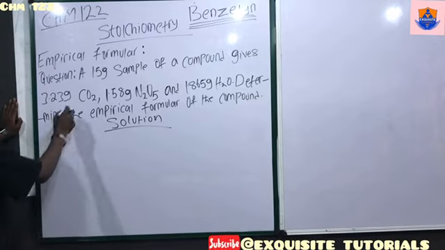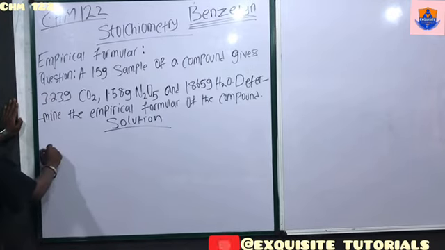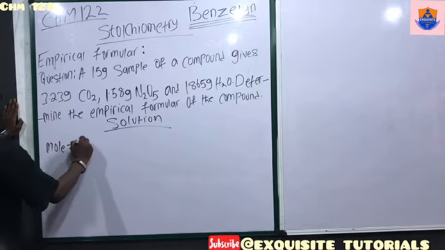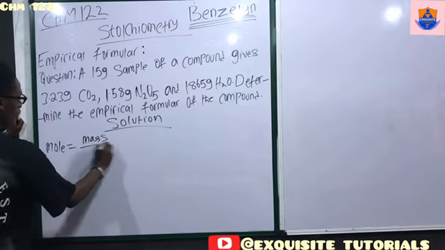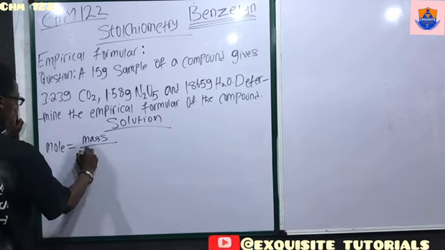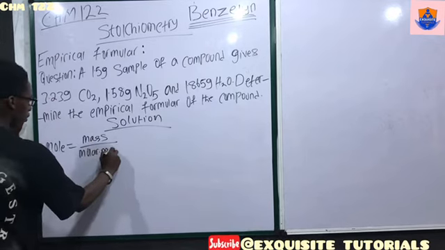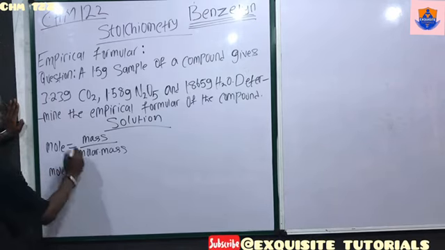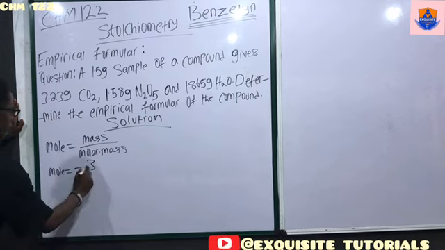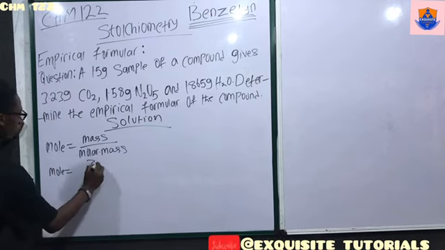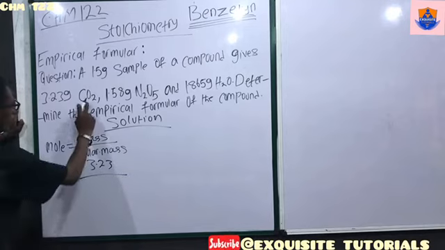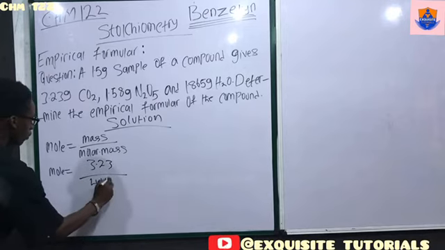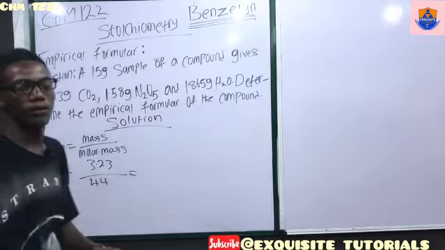So now we have to find the mole of this compound. We know mole is equal to mass over molar mass. Mole is equal to 3.23 over 44.